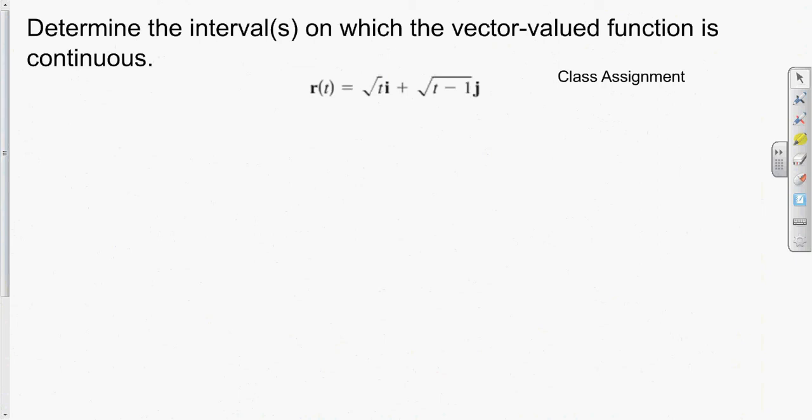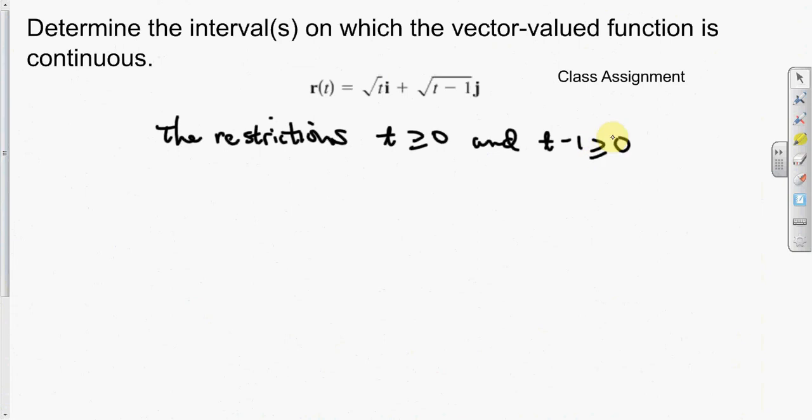What's the domain for that? Okay, we know the restrictions. t has to be greater than or equal to 0, and t minus 1 has to be greater than or equal to 0.